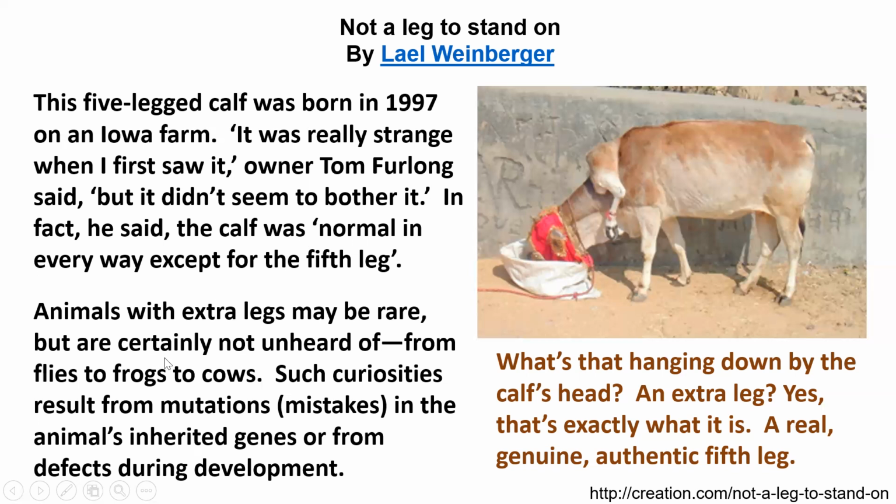Whether you talk about flies or frogs or cows, such curiosities result from mutations, or mistakes if you want simple English, in the animal's inherited genes, or from defects during development. So to put it more clearly, they're actually defects. They don't help in any way to evolve into a different kind of animal.